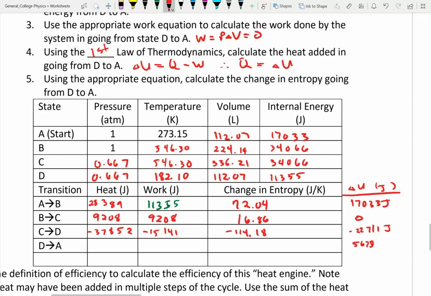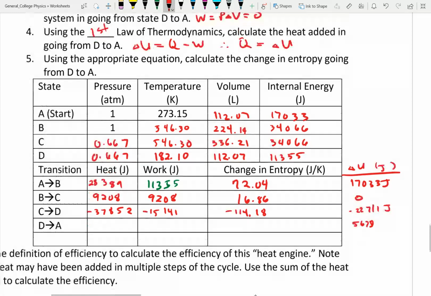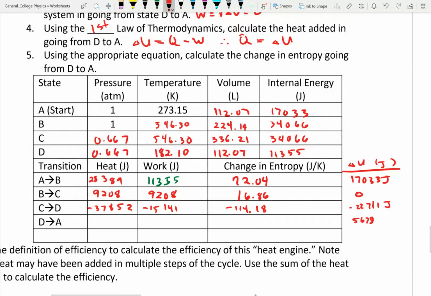Since W is 0, Q is equal to delta U. So that was real easy. I have 5678. Oh, wait, the work was 0.